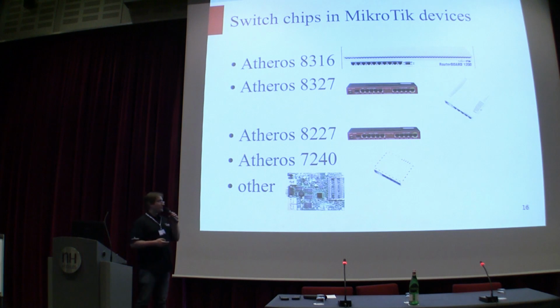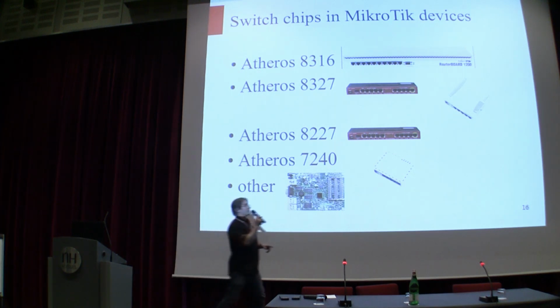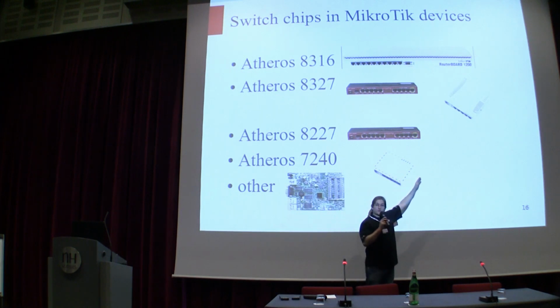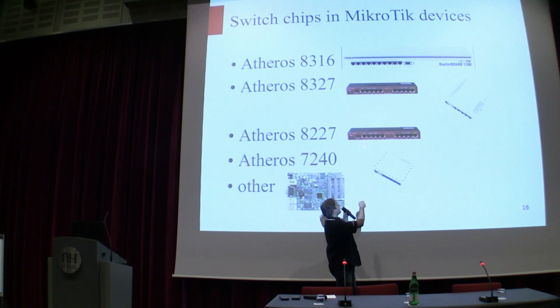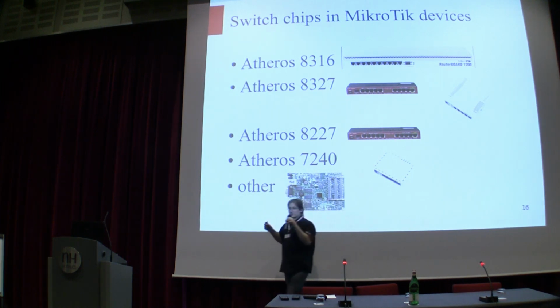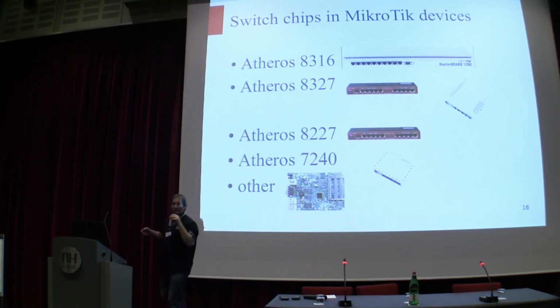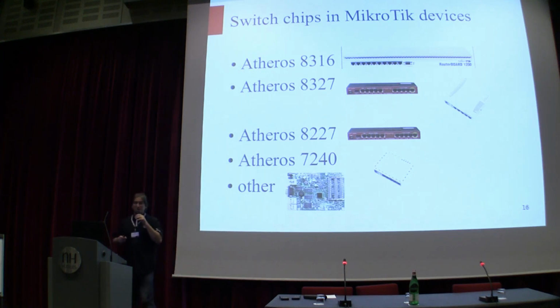And there are 100 megabit switching chipsets, like 8227, which is another switching chipset used in RouterBOARD 2011, but only used with the last 5 Ethernet ports. So the first 5 ports use the gigabit switching chipset, 8327, and the last 5 ports use 8227, the 100 megabit switching chipset. We have also 7240 with the older devices.